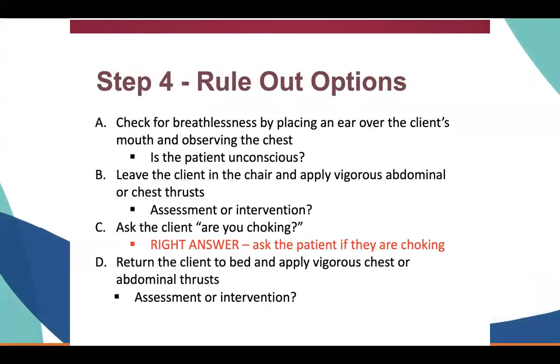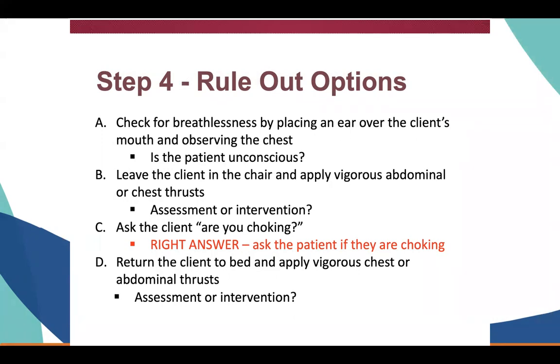Rule out our options. Check for breathlessness by placing an ear over the client's mouth and observing the chest. Is the patient unconscious? No. So you can eliminate option A as an answer. Option B, leave the client in the chair and apply vigorous abdominal or chest thrusts. Is this an assessment or an intervention?